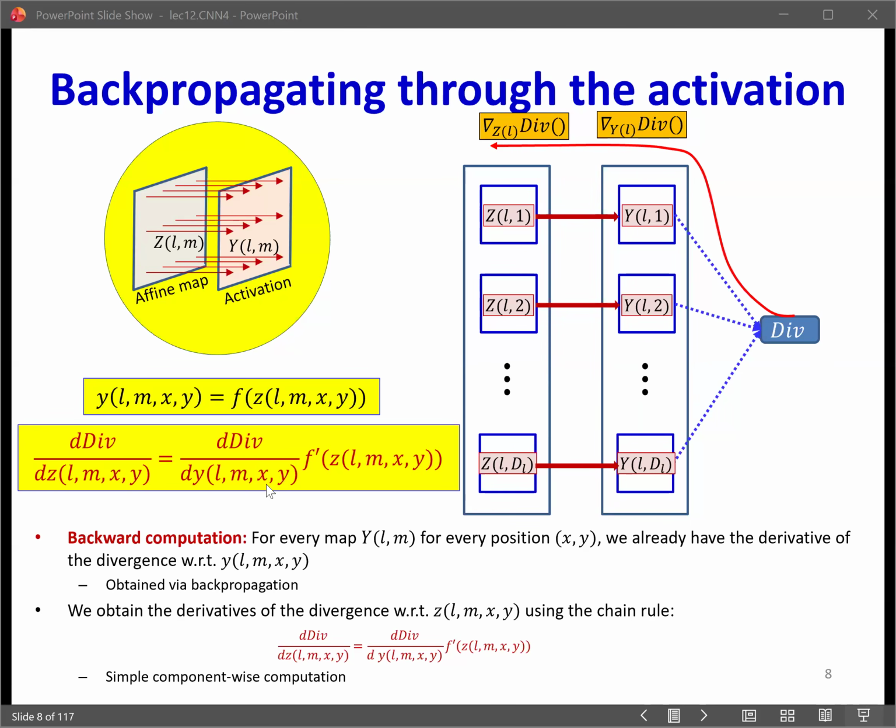You multiplied the derivative with respect to the activation element by the derivative of the activation function itself to get the derivatives for every element of every affine map. Easy.